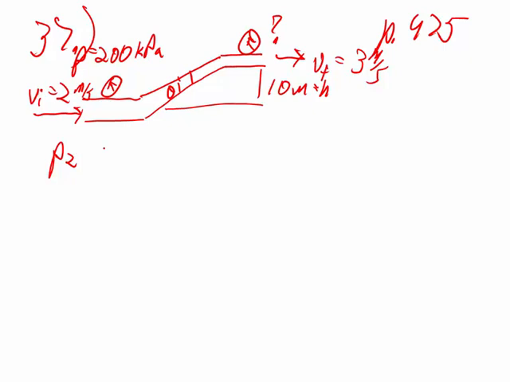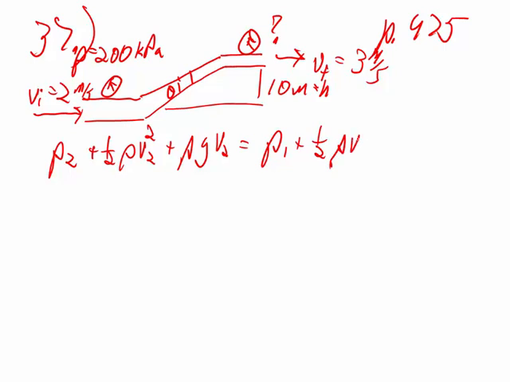We see that pressure 2 plus 1/2 rho times the velocity of the fluid 2 squared, plus the density of the fluid times g times y2, is equal to pressure 1 plus 1/2 density times velocity 1 squared plus rho g y1.